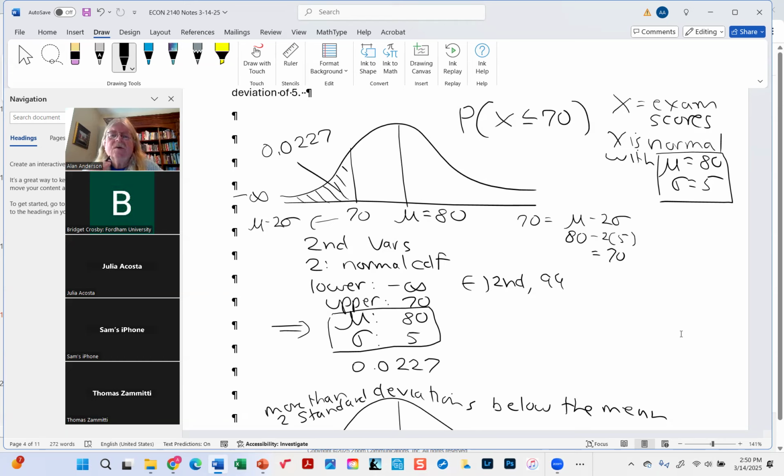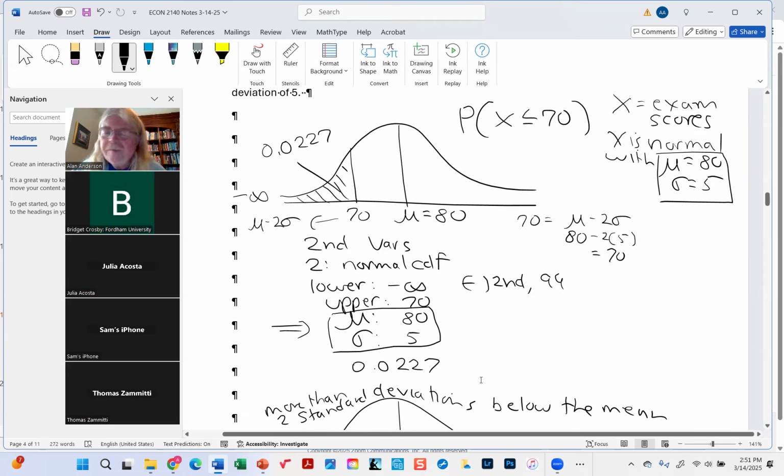So assuming that we've done this correctly, we're going to have an interval from -infinity up to 70 with a mean of 80 and a standard deviation of 5. Once you plug that into your calculator, just to get some practice, you should get 0.0227.